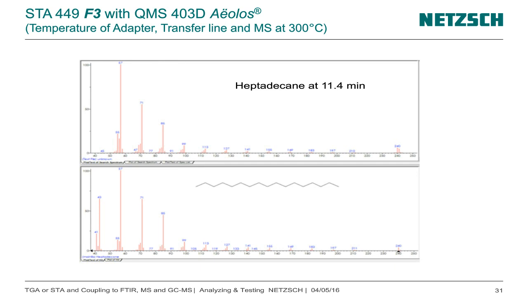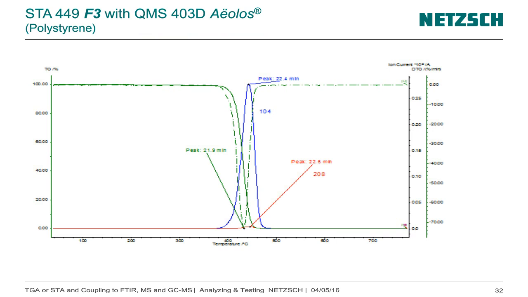If we now go to inorganics, one other sample of organics, I took polystyrene, also with the same instrument. What you can see is the mass number 104, which is the mass number for the styrene, and you can also see in small traces the 208, which could be the dimer of the styrene.